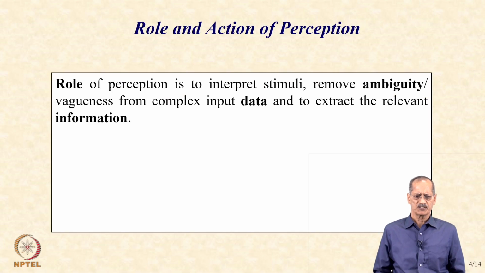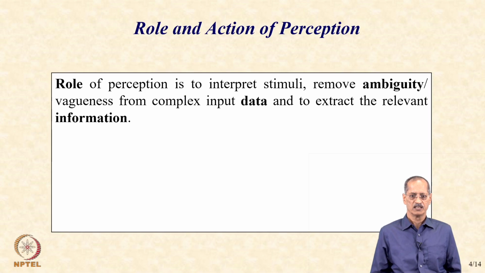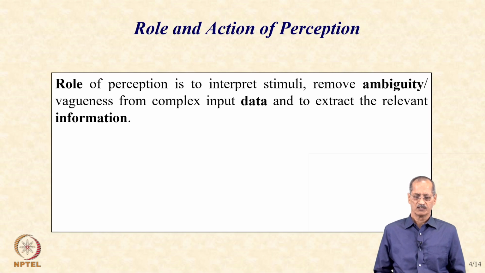So, perception essentially is related to interpretation of stimuli, which means if the system receives a stimulus, you have to interpret what it means. For example, suppose we see something, we automatically start interpreting what it is.